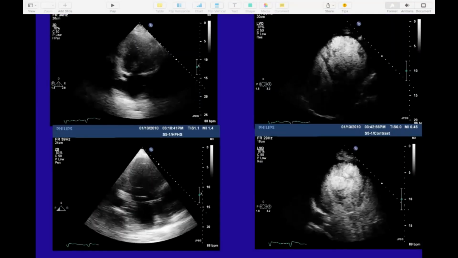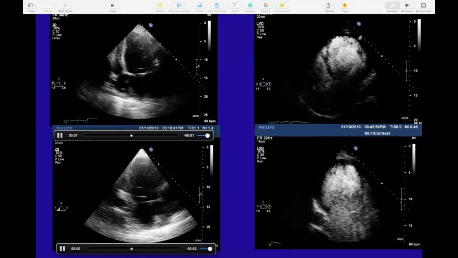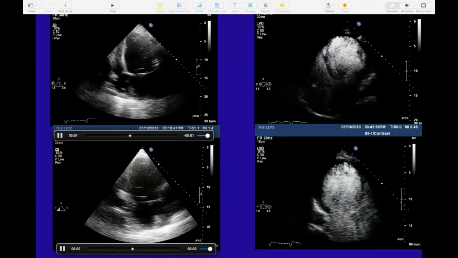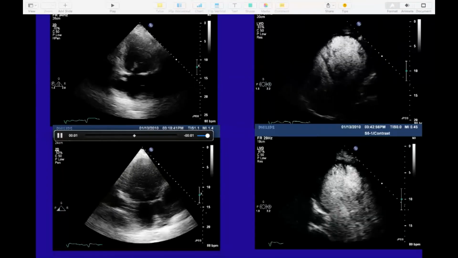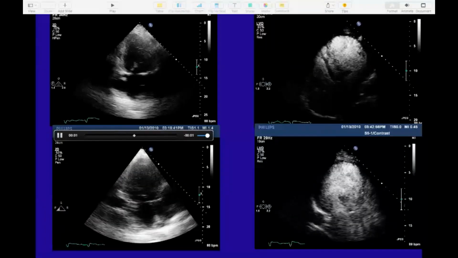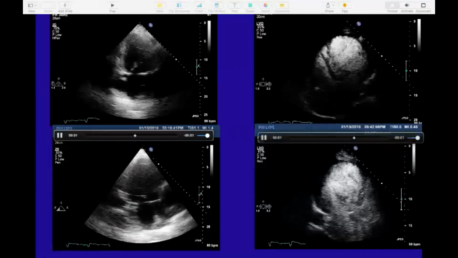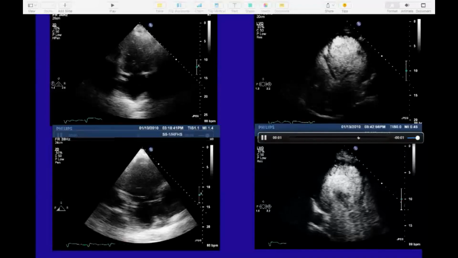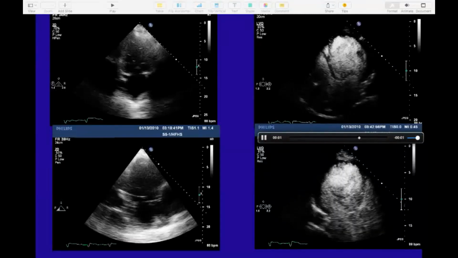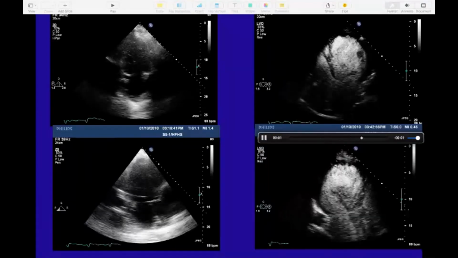So here is an example of a non-contrast image where it is clearly challenging to know if this left ventricle is dilated. It definitely looks dysfunctional, but a right ventricle is not greatly seen. But once you give contrast, you can see that the left ventricle is remodeled and spherical. It's dilated.